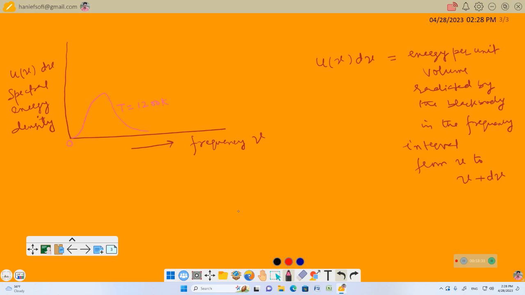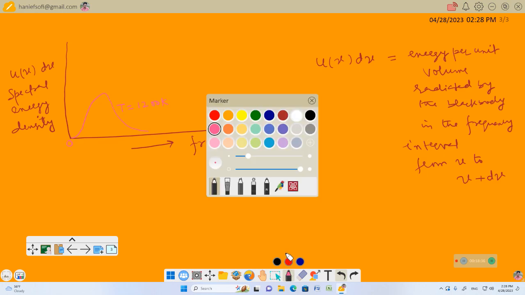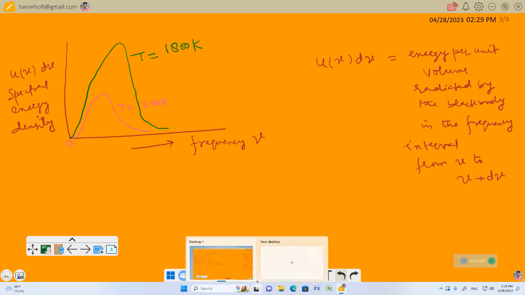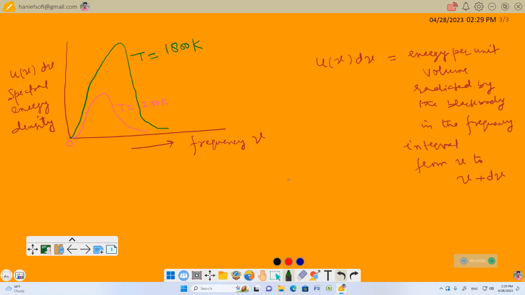Now, if you change the temperature, I will use another color for this. Let me use green. The graph goes like this. This is rough. 1800 Kelvin. This is the experimentally observed black body spectra.